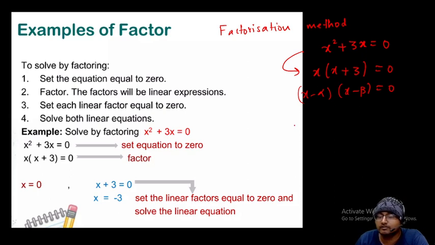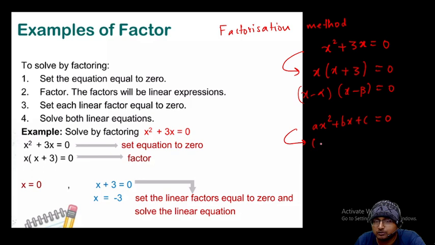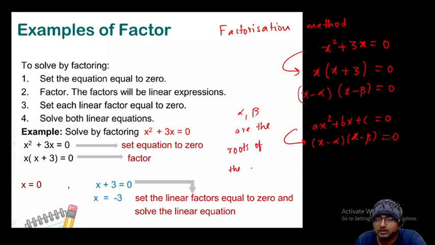What I told in the factorization method, ax square plus bx plus c is equal to 0 should be converted into the form x minus alpha into x minus beta, such that alpha comma beta are the roots of the quadratic equation.